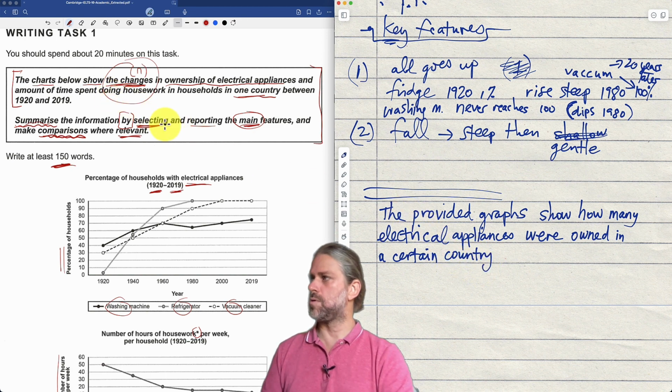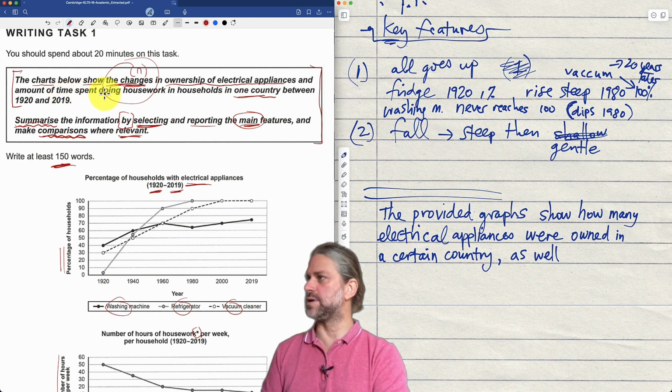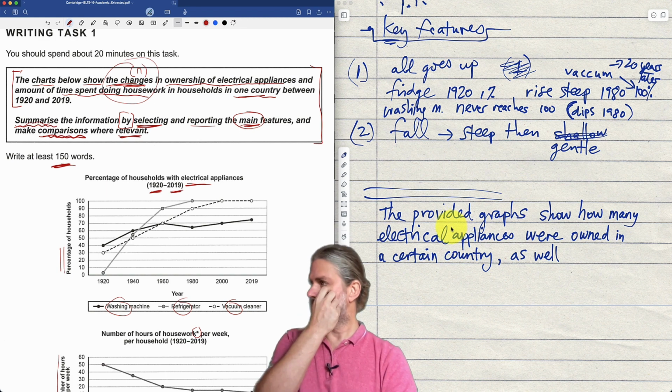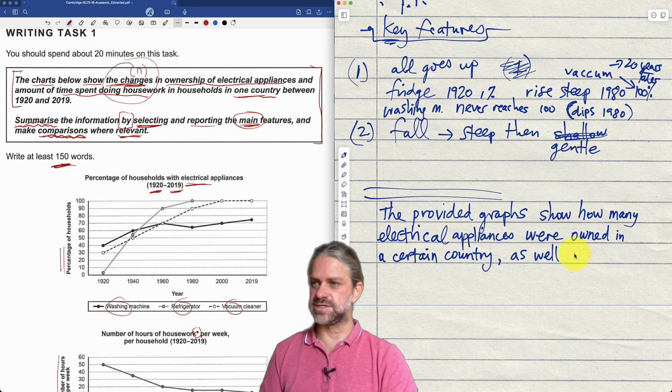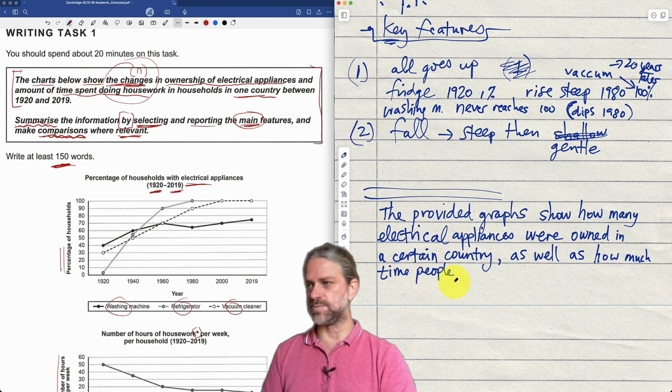okay, as well as it's time spent doing housework, how much time was spent. As well as, let's just finish this, as well as how much time, sorry, people spent. Now I've added, I'm not just using time spent, I've added people spent.